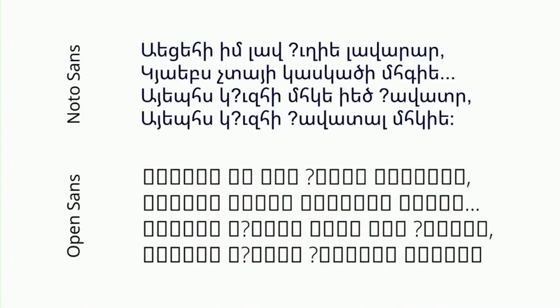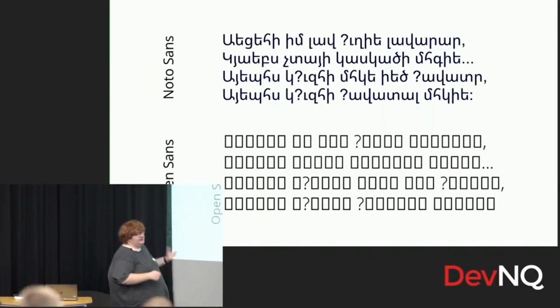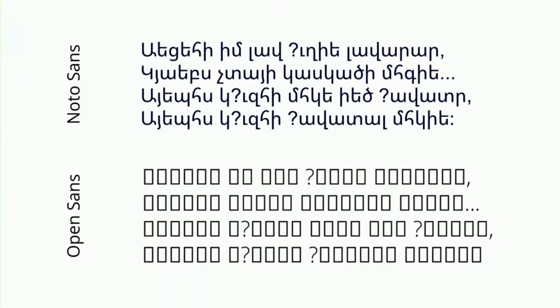So here's an example, and up the top we have an Armenian poem, and down the bottom we have the same Armenian poem, but can you notice a difference? The top one is in a font called Noto Font, which just happens to support the Armenian character set, and I say just happens to, it deliberately supports it. The one at the bottom is a standard font that doesn't support Armenian. It's very simple.